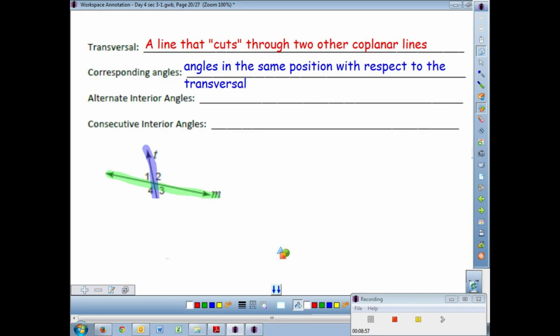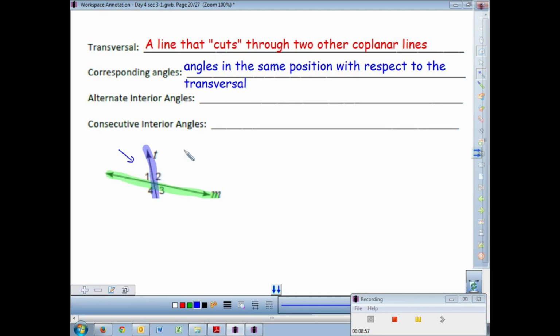If we just pick on one of these houses, if we pick on upstairs, let's pick on angle 1 right here. Let's find angle 1's location in relation to the transversal. Isn't angle 1 to the left of the transversal? Right? It's on the left side. It is also above the green line that belongs in its house, right?